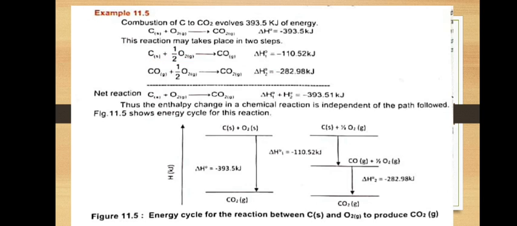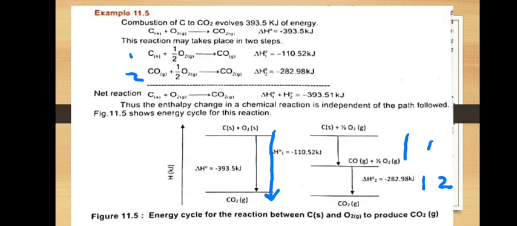This one is one step, and the second one is two steps, step 1 and step 2. So this has been further explained: carbon and oxygen combine to form carbon dioxide directly. I have shown with the green arrow that in a single step the reaction is taking place. And at the right hand side, this reaction is taking place in two steps. For example, this is step 1 and this one is step 2.